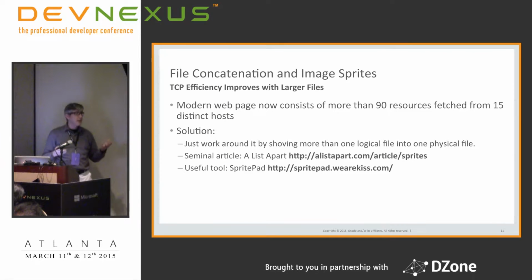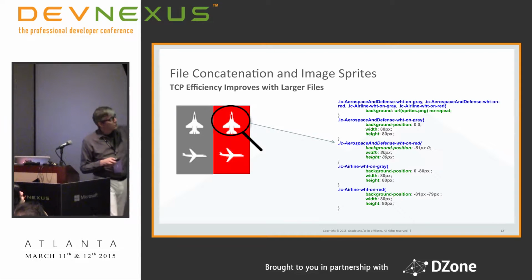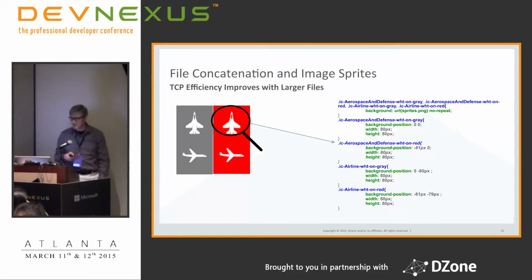So they say, well, given that fact, let's just stuff all of our images into one big file and then use client-side manipulations to essentially move the little magnifying glass icon to show the image that you would like to show. And sprites themselves are a very old concept. If you've ever done any programming in the 80s on some of these old systems like the TI-99/4A, that had a really nifty sprite system that I remember cutting my teeth on as a kid. So the concept is not new.